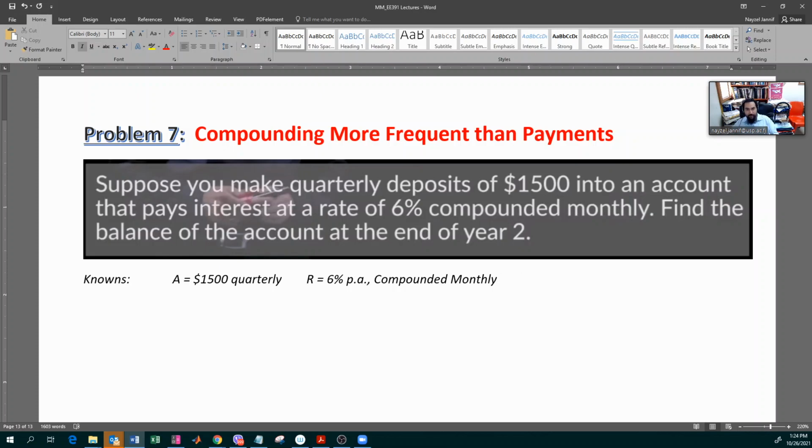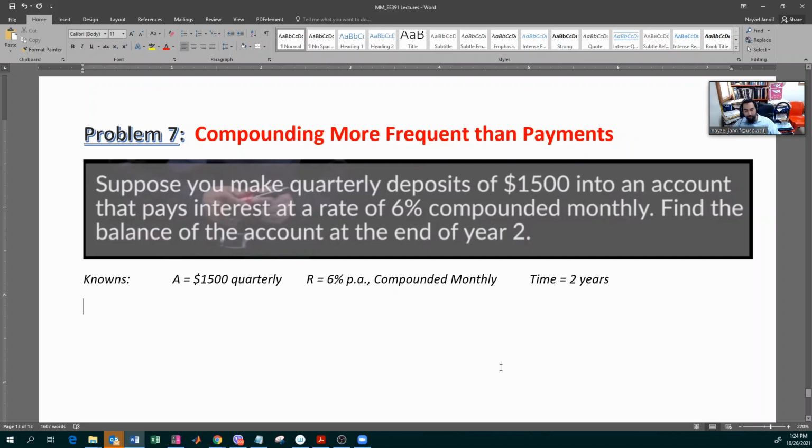What else do we know, guys? Any other information given? Our timeline is equal to 2 years, and we've got to find the future value. I think everyone's happy with that.